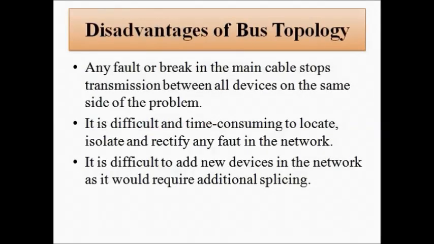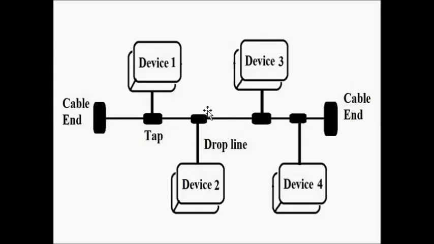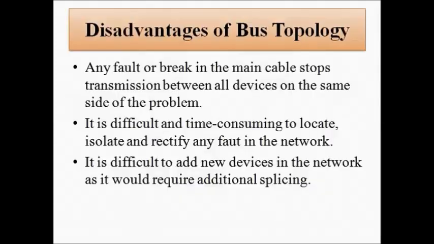Now the disadvantages. In bus topology, the communication between any two devices is heavily dependent on this main cable, this backbone. If any defect occurs in this main cable, it will shut down all the communication between all the devices.